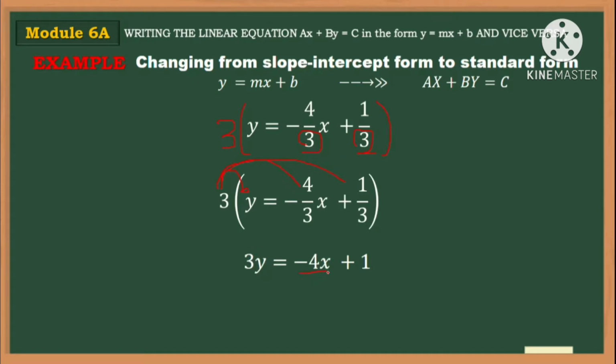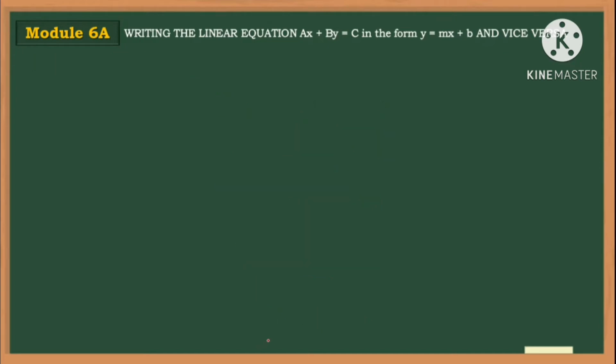Now, this negative 4x, transpose natin dito sa left side. So, this is negative, therefore, it will become positive 4x, then plus 3y is equal to, so the remaining is positive 1, or simply write 1. Okay? So, very good. So, next.